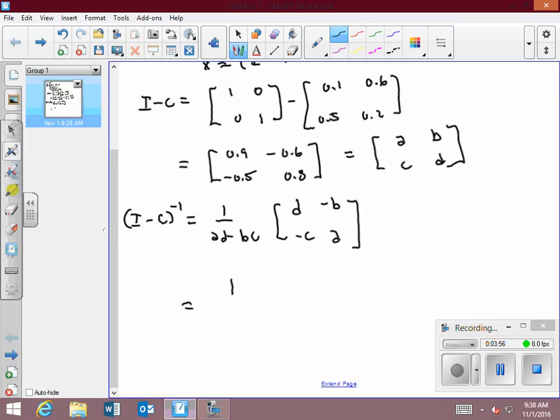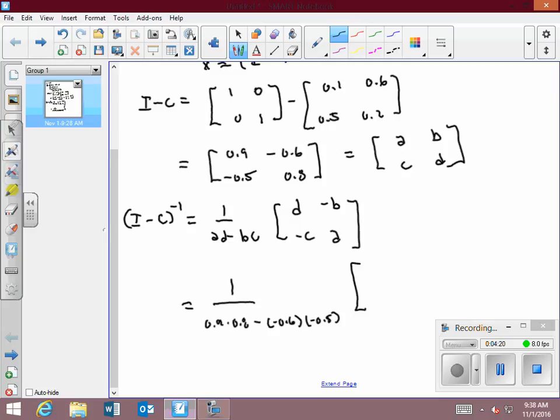So it's 1 over A times D, which would be 0.9 times 0.8, minus B times C, which is negative 0.6 times negative 0.5.